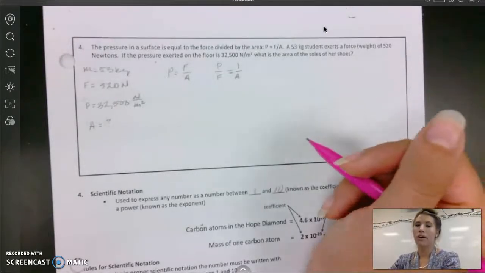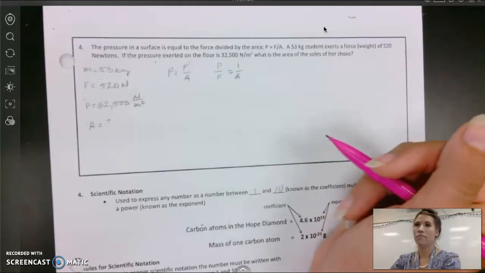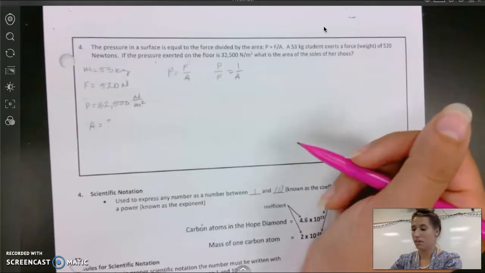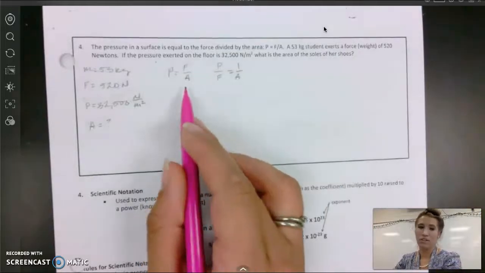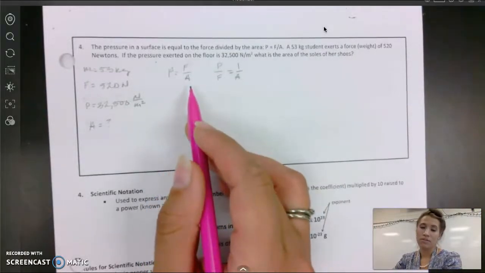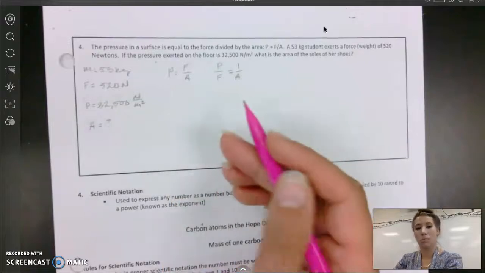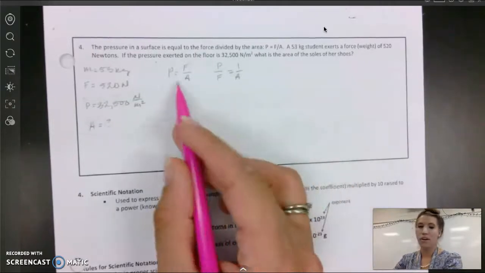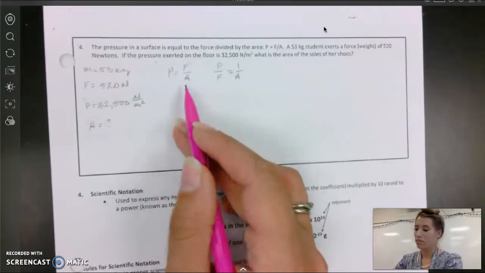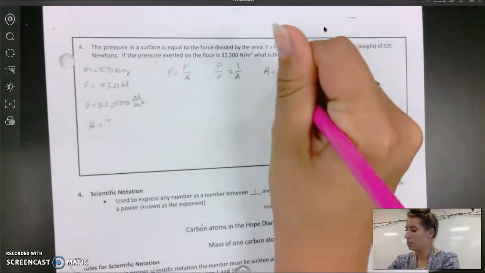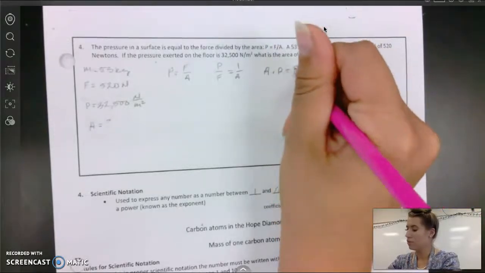So here's how I go about working through this problem so that I don't make that simple mistake. First, if my unknown is in the denominator, it's on the bottom of my fraction, I'm going to multiply it so that it's on the top of my fraction. So I'm going to multiply both sides by A. And so that would give us area times pressure is going to equal the force.